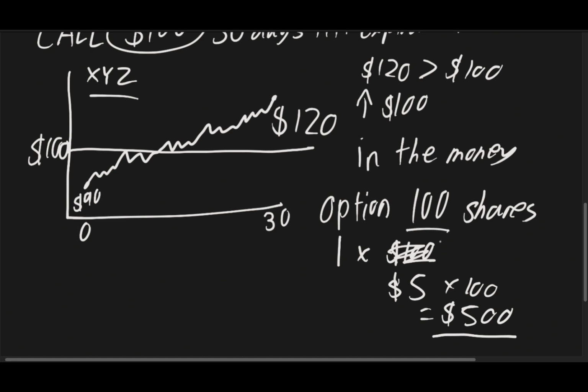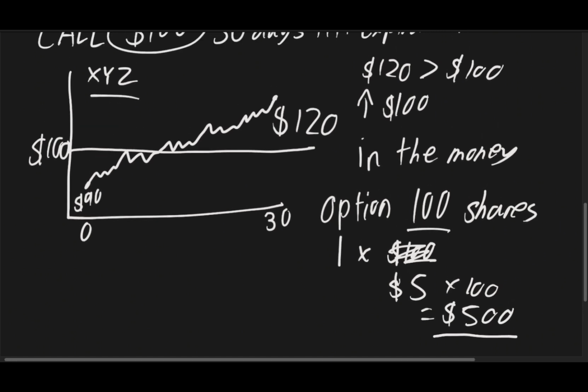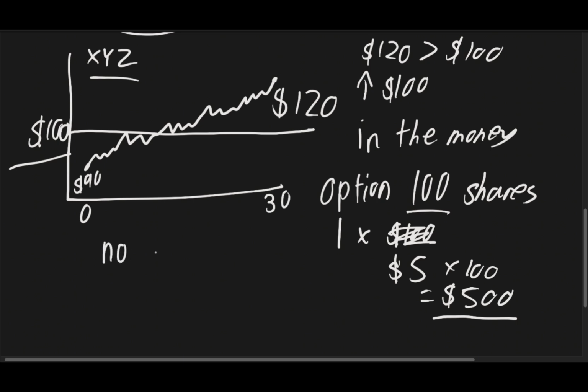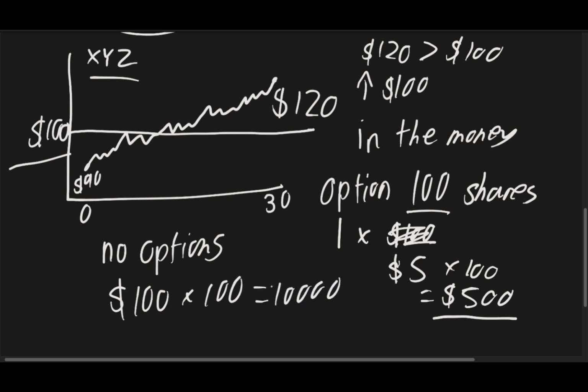If you wanted to buy the 100 shares at $100 without options, you would have to pay $100 times 100 shares, which equals $10,000. Not everyone has $10,000 lying around, so you can buy an option that gives you these 100 shares for only $500.